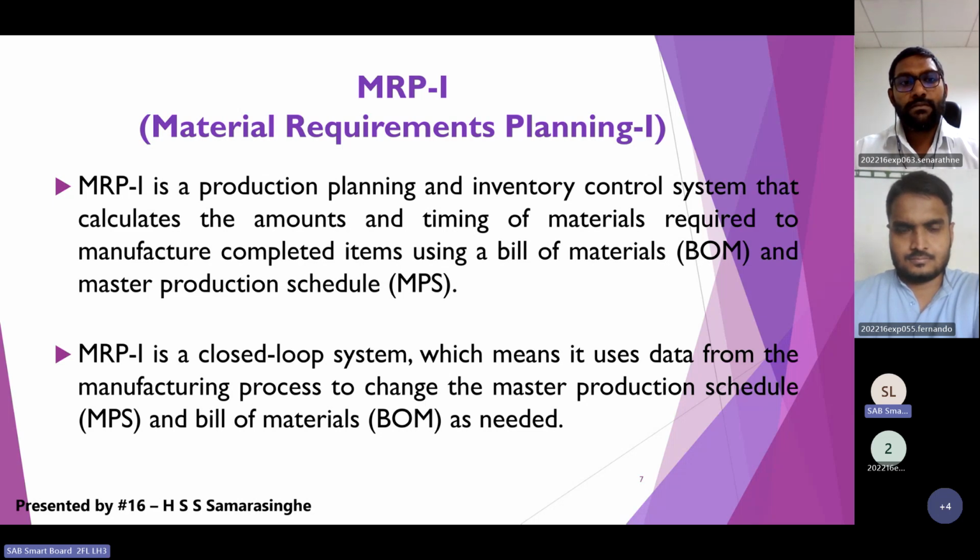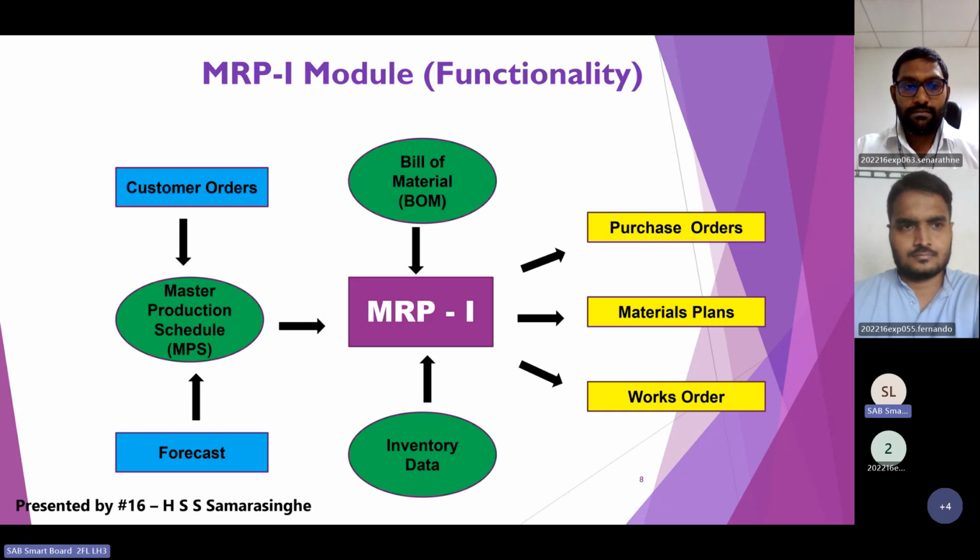Material requirement planning is production planning and inventory control. It calculates the amounts of material requirements, factoring in complete items, the bill of materials, and the master production schedule as needed. And these are the main parts of MRP1.